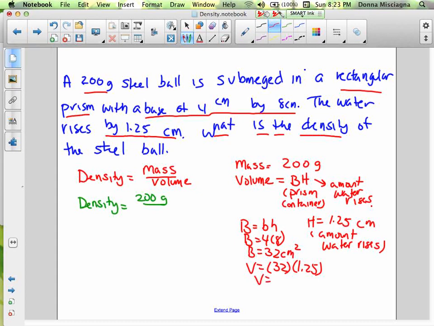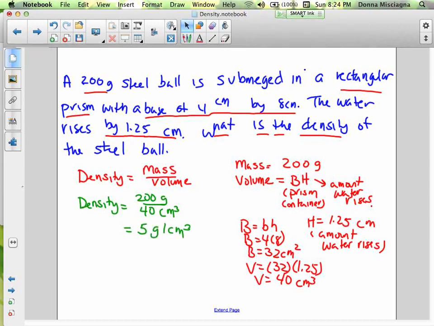So the volume of the steel ball is 40 centimeters cubed. So that makes the density 200 grams divided by 40 centimeters cubed. This one's pretty easy to figure out. That's going to be 5 grams per centimeter cubed.